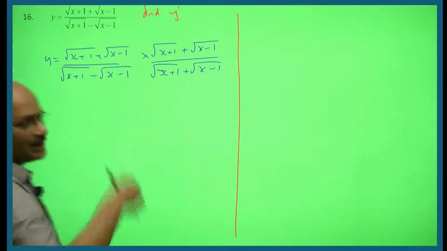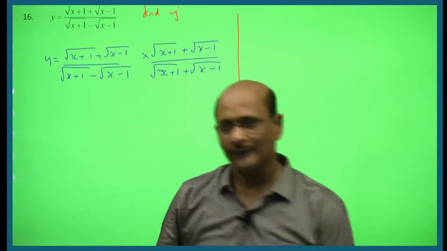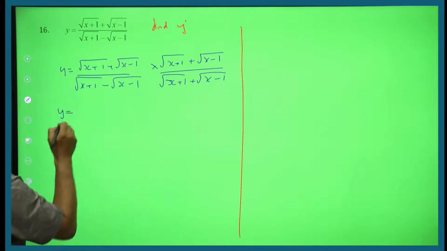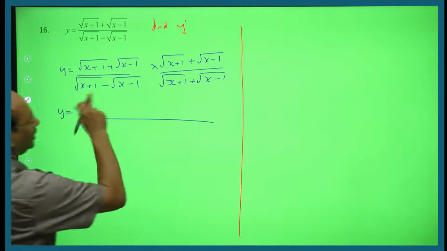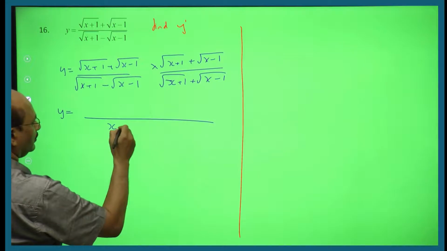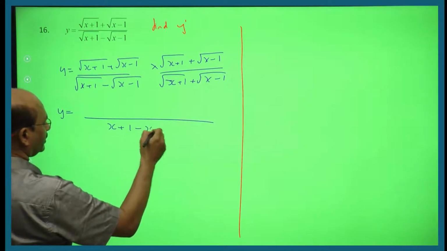So a minus b, a plus b can work out that way. Now y will be a square minus b square, x plus 1 minus x plus 1.